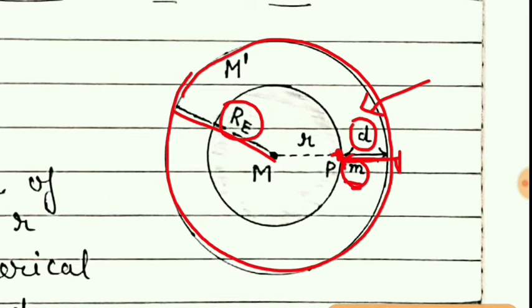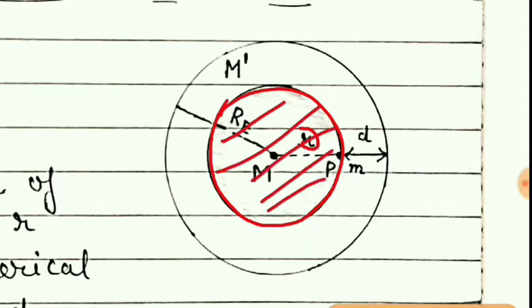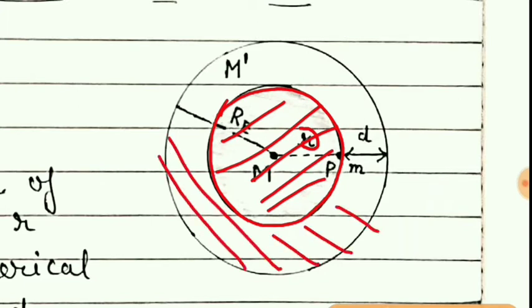Now students, here we have to imagine the earth in its two parts. One part is of radius small r, a solid sphere, and the remaining part will be this part, that is a spherical shell.